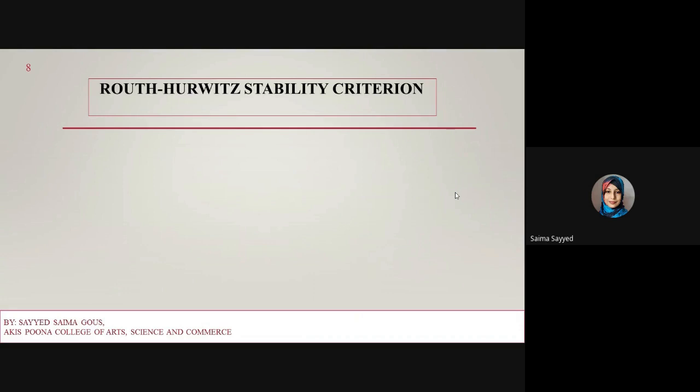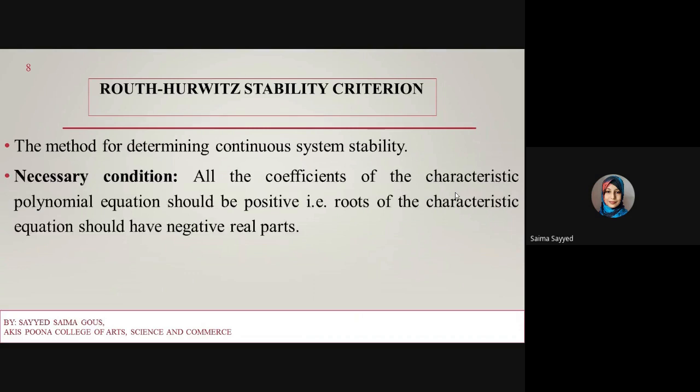Then Routh Hurwitz criteria. This is the method to determine continuous stability of a system. What are the necessary conditions for this criteria? All the coefficients of the characteristic polynomial equation should be positive.